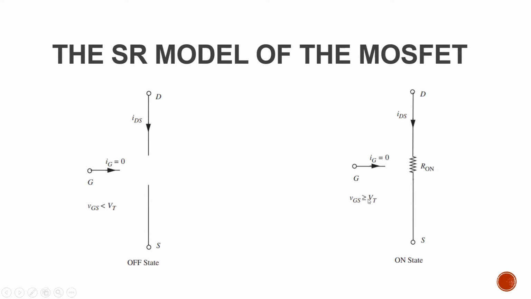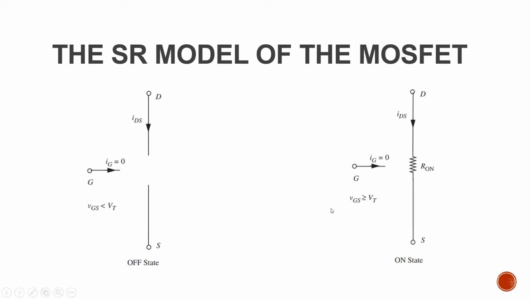However, whenever the gate to source voltage, the input voltage, is more than VT, the device enters the on state. And whether the device is in the linear region or saturation region depends upon the VDS value, which you get from basic electronics. But here our point is, whenever VGS is more than VT, the device enters the on state.